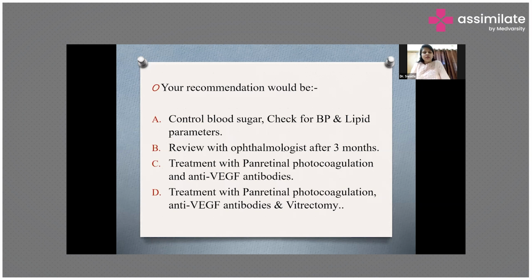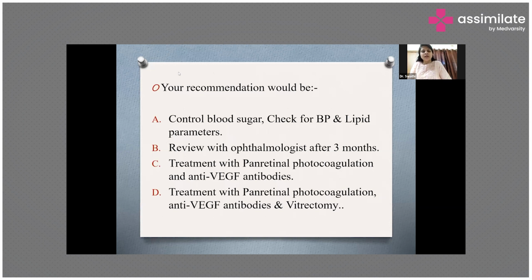So the correct answer is option C, that is treatment with panretinal photocoagulation and anti-VEGF antibodies. As we have already seen, looking at the condition of the retina, diabetic retinopathy has been classified as non-proliferative and proliferative.